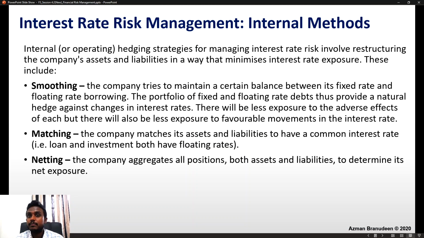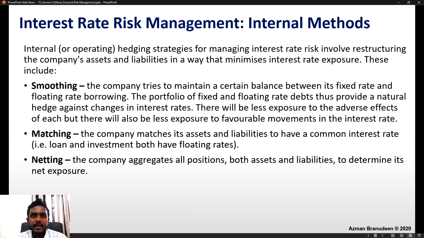2. Matching, where the company matches the assets and liabilities to have a common interest rate. So you have loans and investments, both with floating rates, where you're making certain interest receipts and payouts, while you also have certain commitments, so you can basically match them. 3.